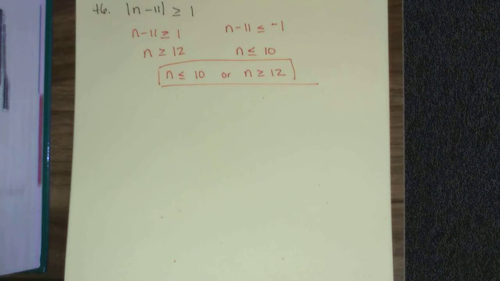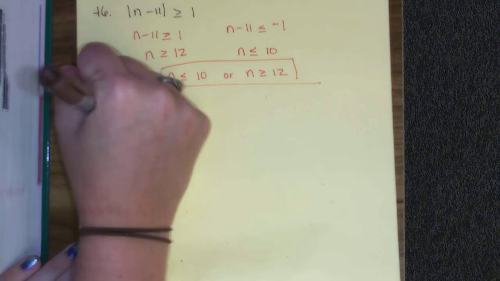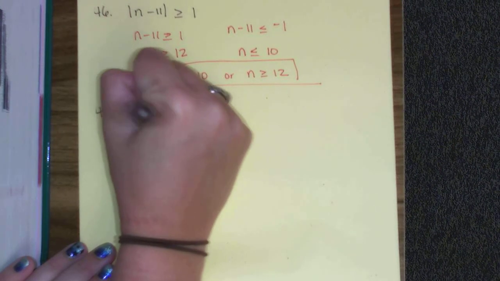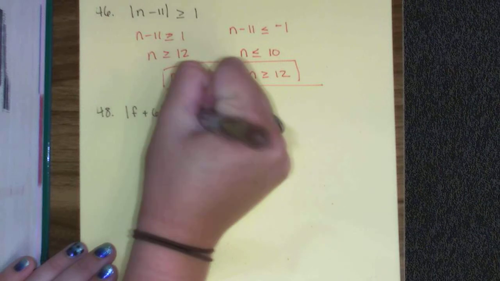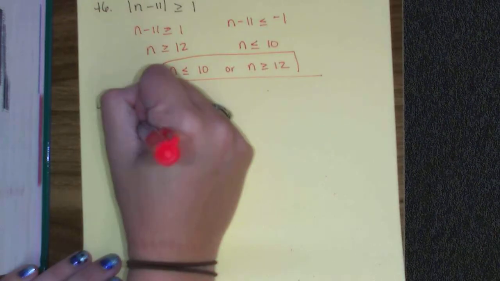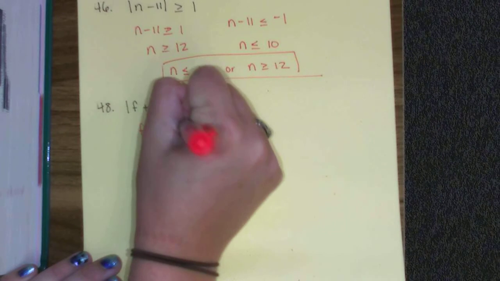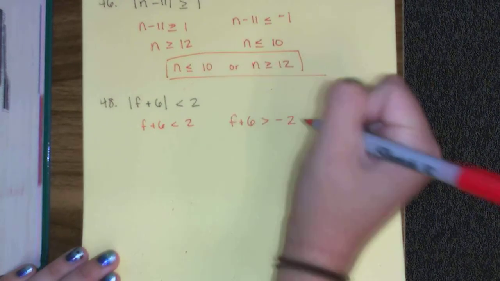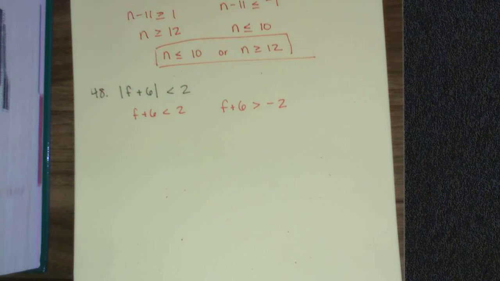And let's wrap it up with 48, unless y'all need to see another example after that. Absolute value of f plus 6 is less than 2. And solve for f.